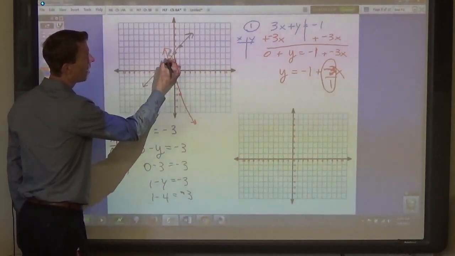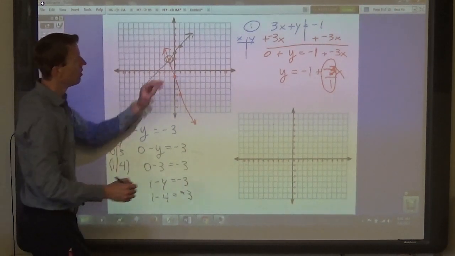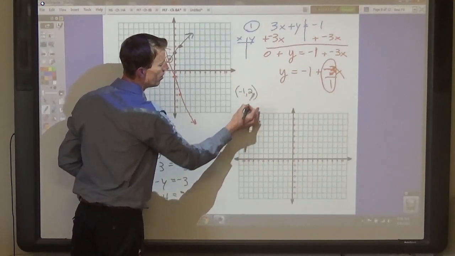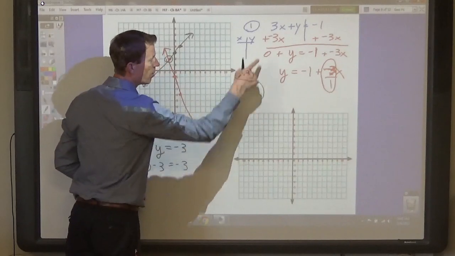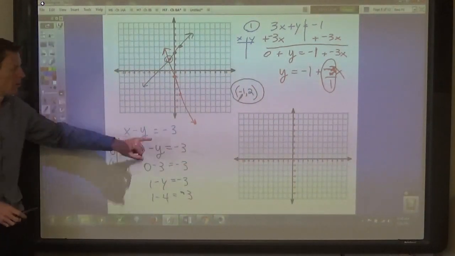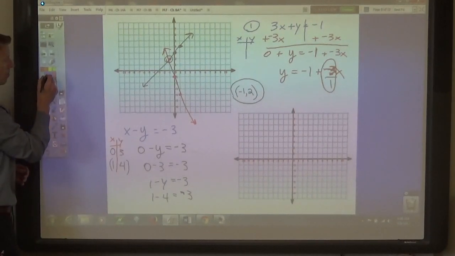Yep, at this point is where they intersect. And so, when we write negative 1, 2 and use those numbers, they should make both equations true.